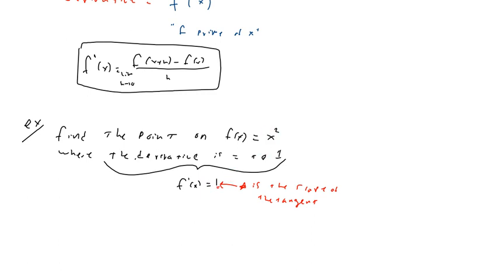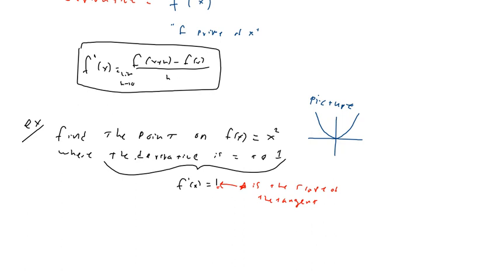With AP Calc, it's always good to imagine a picture. So can we imagine what the equation x squared looks like? Yeah, we have that function. It's a parabola, touching at 0.